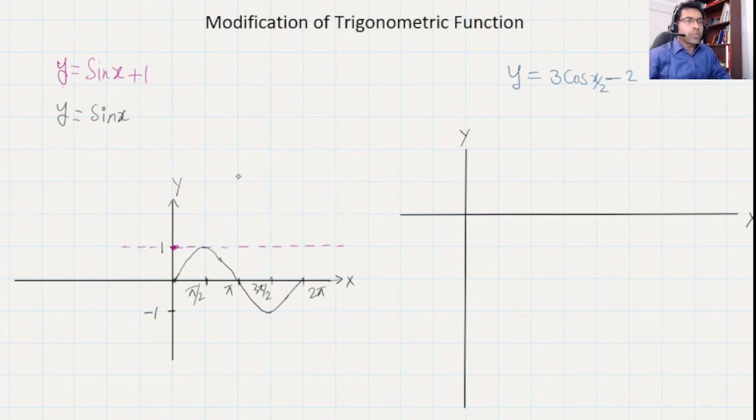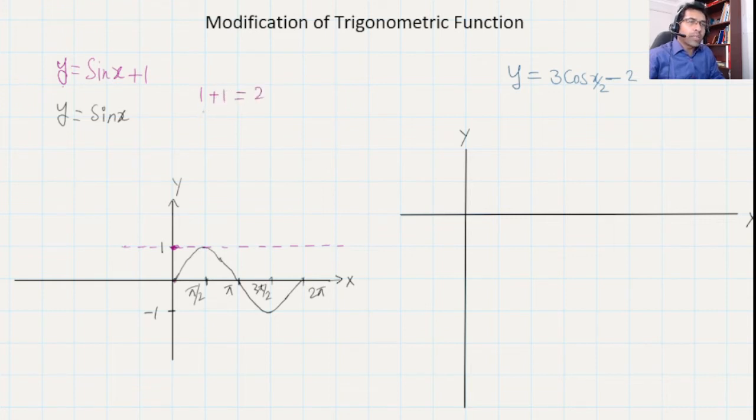In order to do that, sometimes it's better to calculate the upper limit and the lower limit of this new graph. For the upper limit, it is the vertical shift plus your amplitude, which is 1, giving you 2.